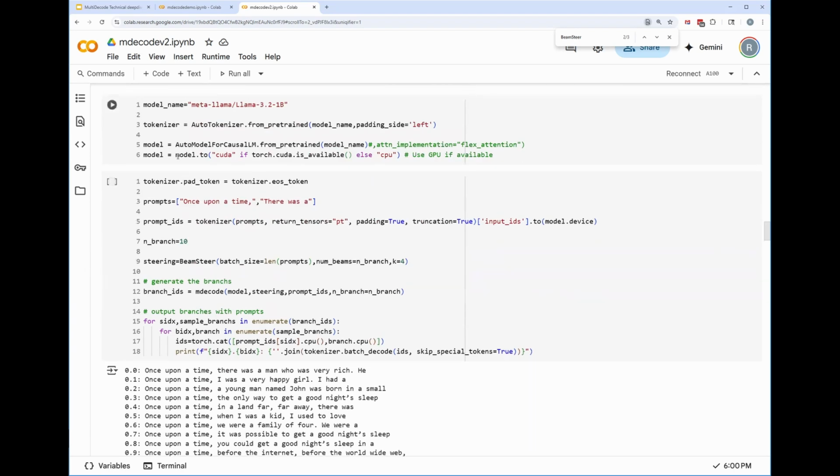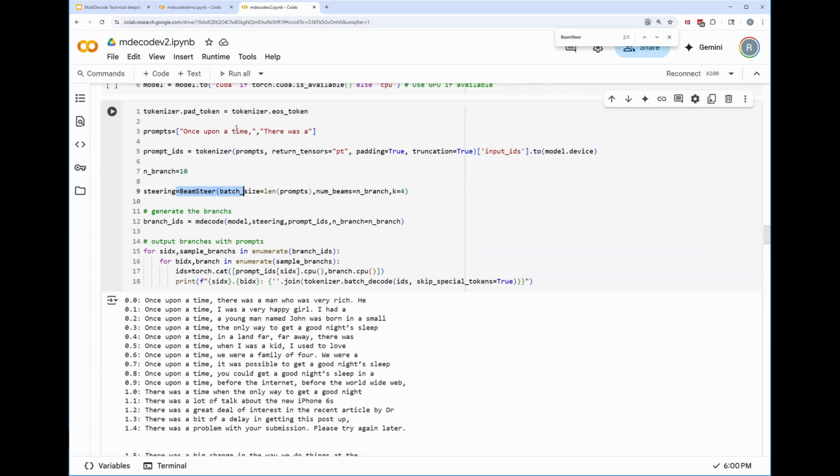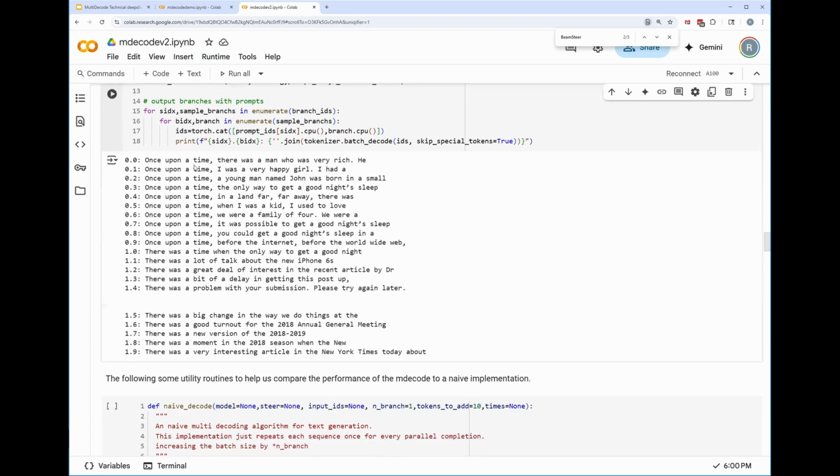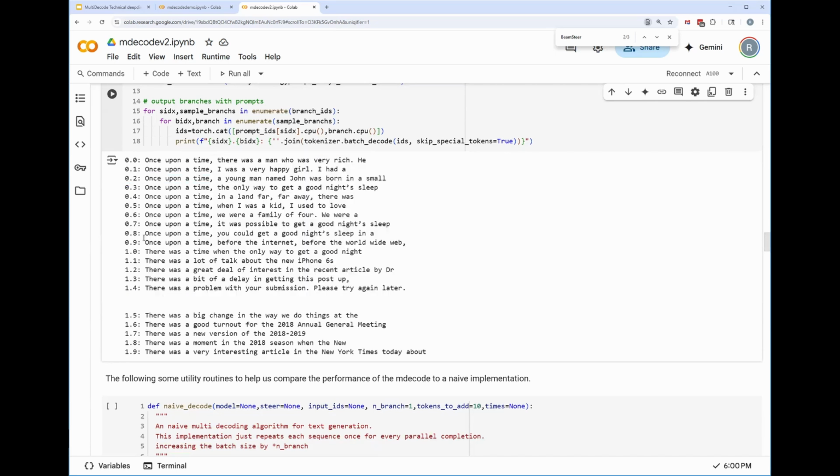But again, implement the model. In this case, we have this steering function, and then we do the multi-decode. Again, once upon a time, and there was, so the 2, this one handles more than one in the mini branch. So here, just to prove that it's working, this is an example of 2 different contexts and 10 different responses to each of them.